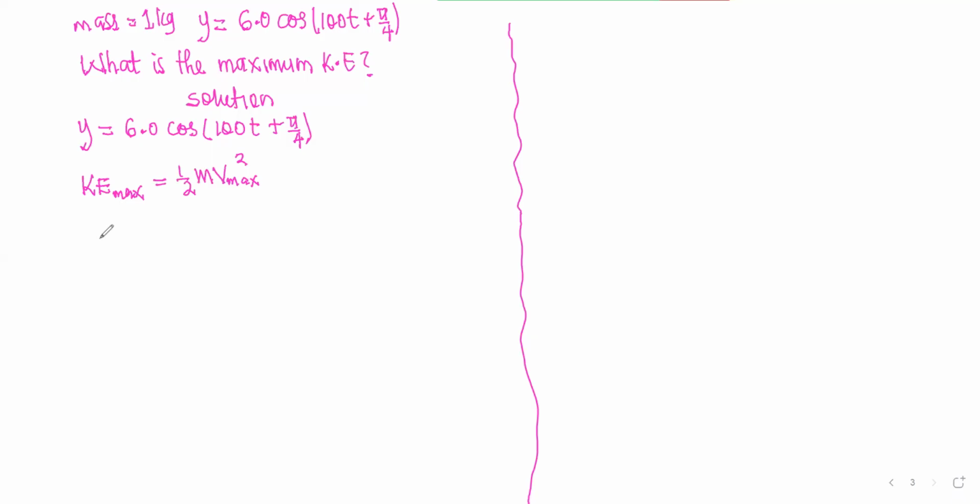If you are given a displacement equation or function, to get velocity, you must differentiate displacement with respect to time. Meaning, to have the velocity equation, we must differentiate this. So the differential of the displacement with respect to time is what I'm doing.